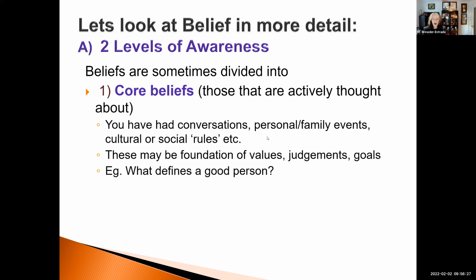What kinds of things are okay to do versus not okay. When we judge another person, what would be judgmentally that set of rules or standards that you're looking to check off on the box. So these can be your foundation of the values that you have, your judgments, goals.